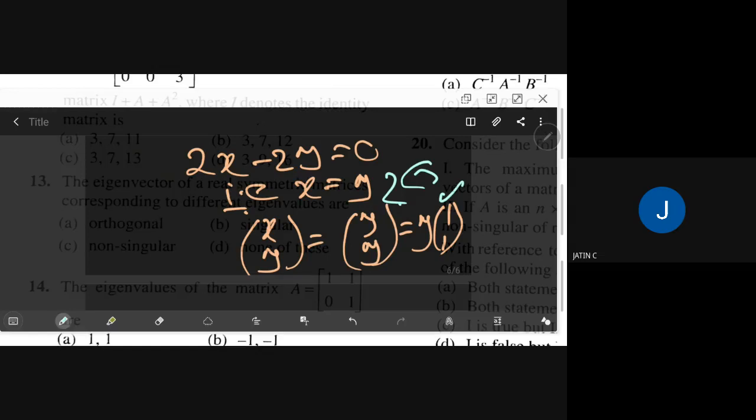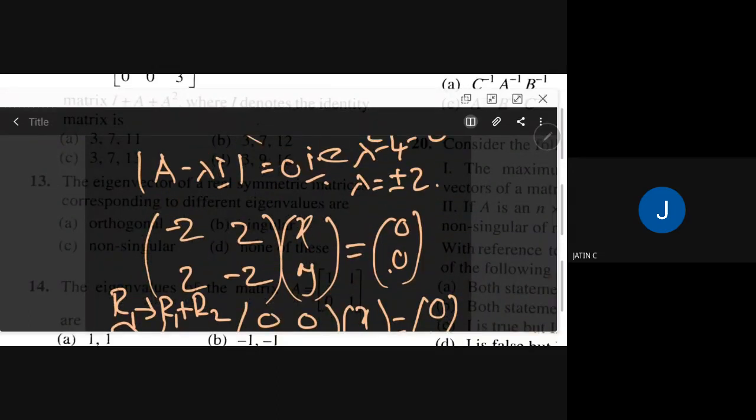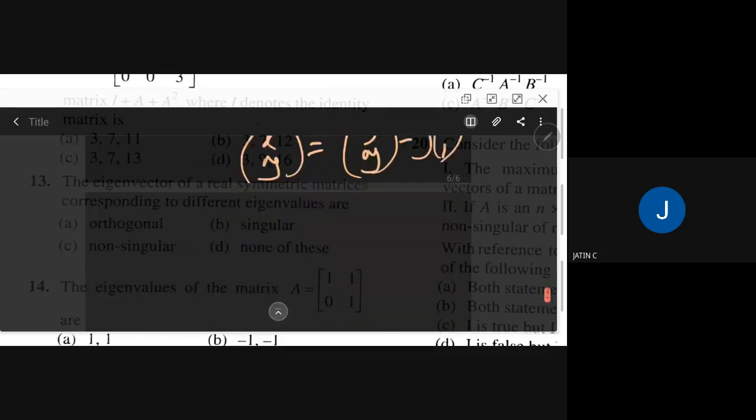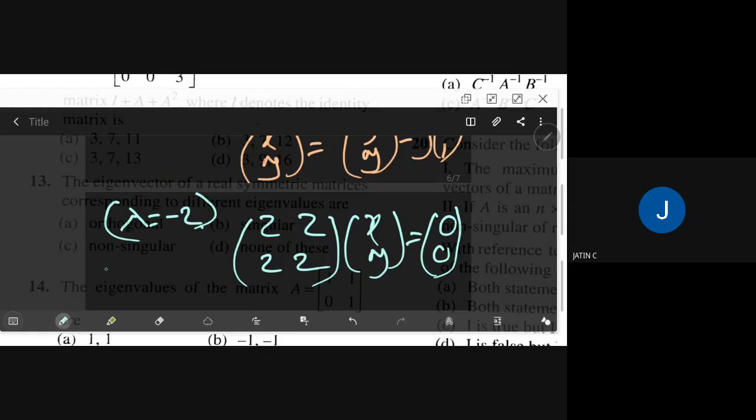If we take minus 2 as the other eigenvalue, then we have 2 2 2 2 xy. How am I getting this? Always you have A minus lambda I into x is equal to 0.